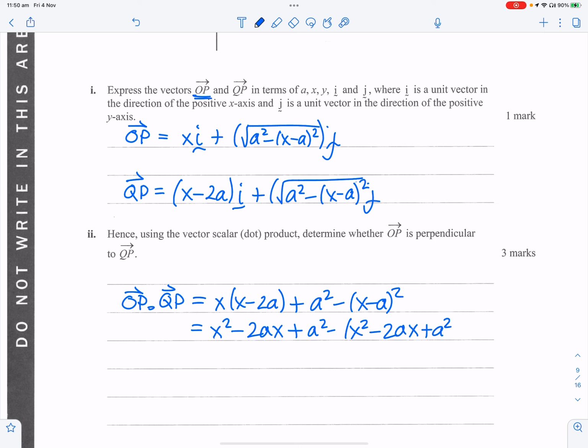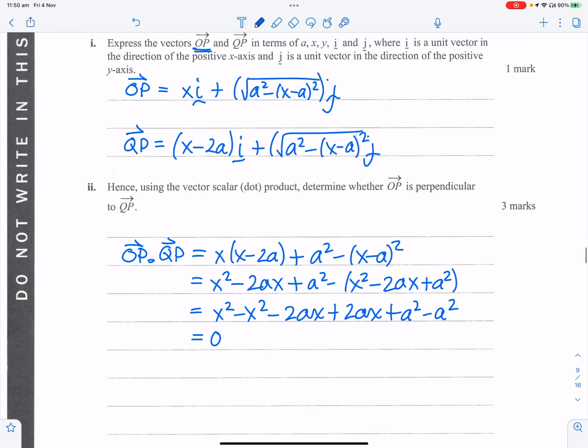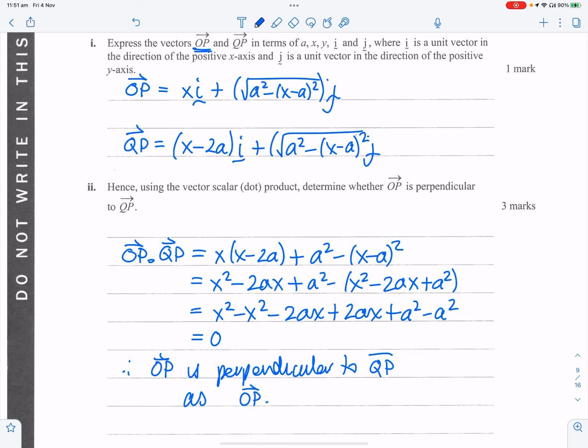I'm just making sure that I don't stuff anything up. x squared minus x squared minus 2ax plus 2ax, a squared minus a squared, which is 0. Therefore, OP is perpendicular to QP as OP dot QP equals 0.